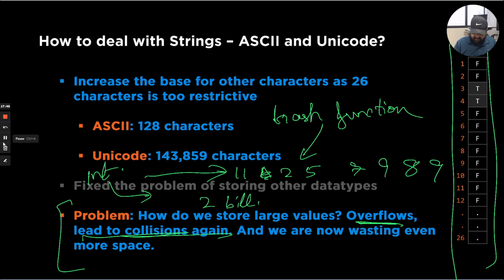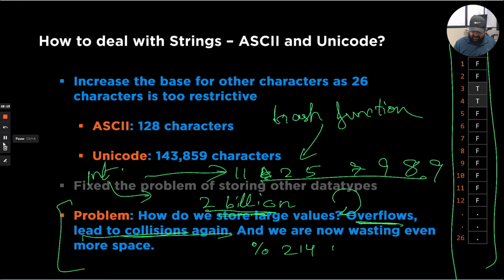These numbers are really large, so they will overflow and wrap back to negative values, or they'll always be between some range. So again, this will result in collisions, because two values that are really large get wrapped around when we have a data type like an integer with a range of about 2 billion.